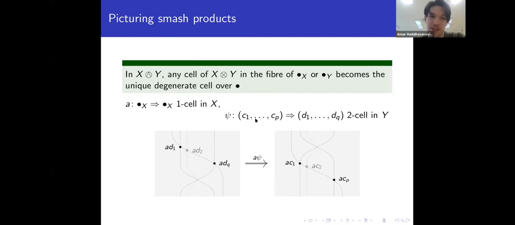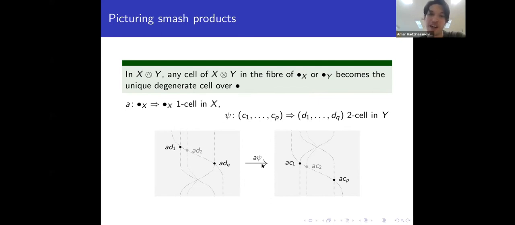But now if we take the smash product of a one cell in X with a two cell in Y, we've got a one dimensional thing here. So by the rule for the boundary of a tensor product, the orientation of the boundary of psi gets flipped, because we get a factor of -1 to the dimension of A, and A is one-dimensional.